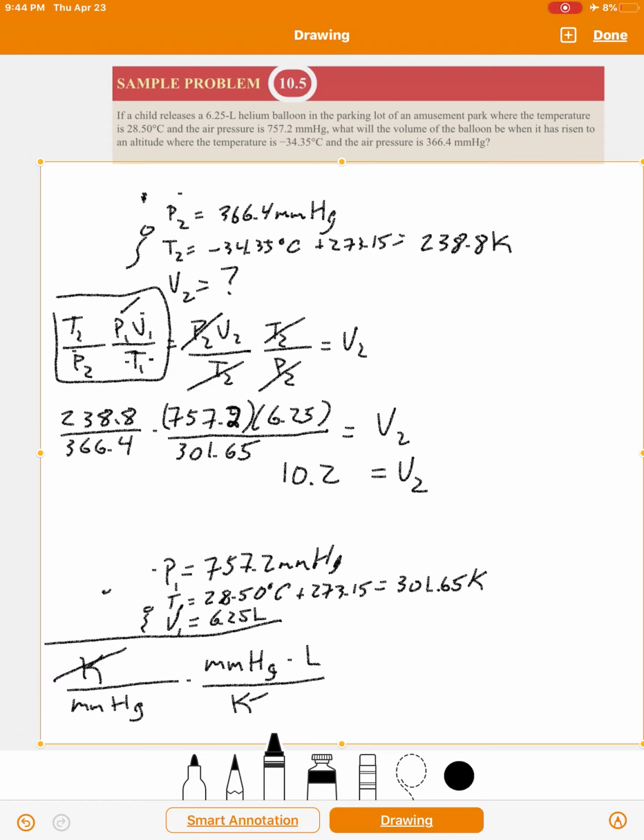Kelvin over Kelvin is 1. Millimeters of mercury over millimeters of mercury is 1. Liters. So that means our answer is in liters, which is exactly what we would expect for a volume calculation.